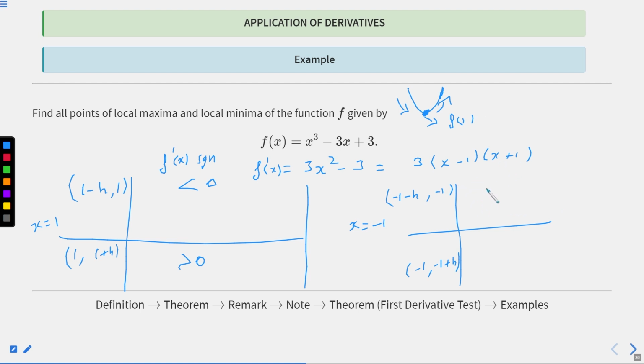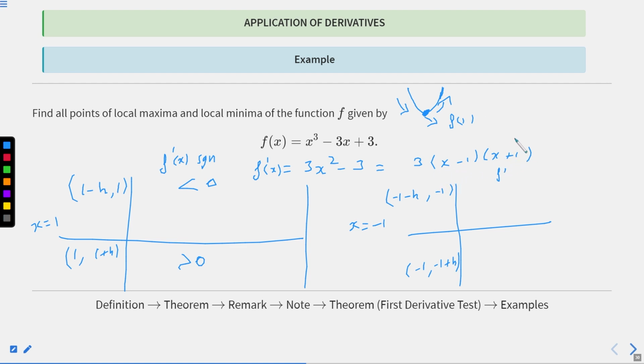Now what is happening? The f dash sign will be in this interval. Take any value less than minus 1, like minus 1.1. If you put minus 1.1, this will be negative, and this will also be negative, as you can see.